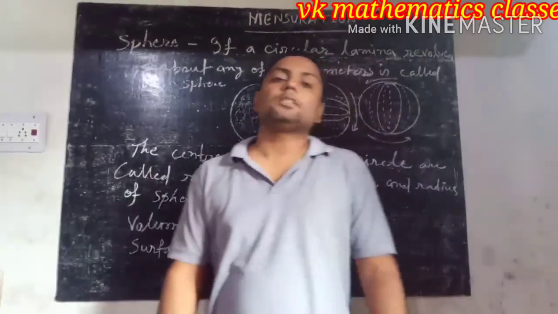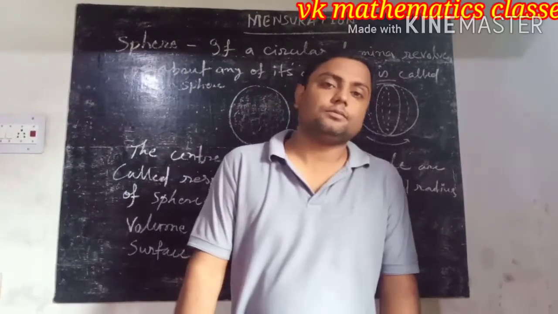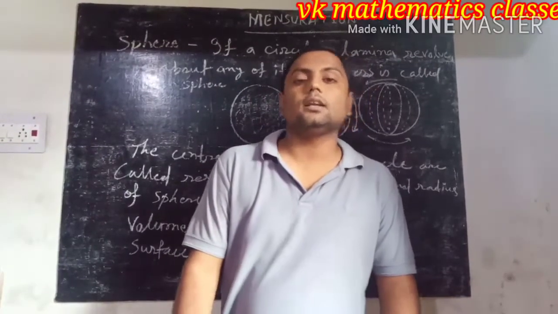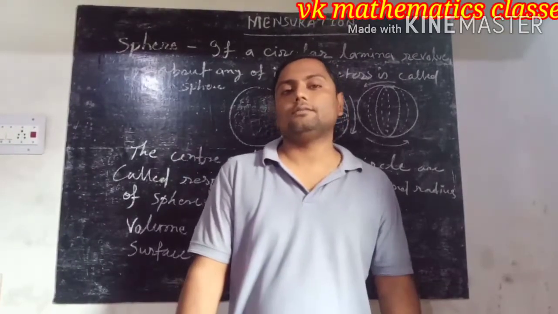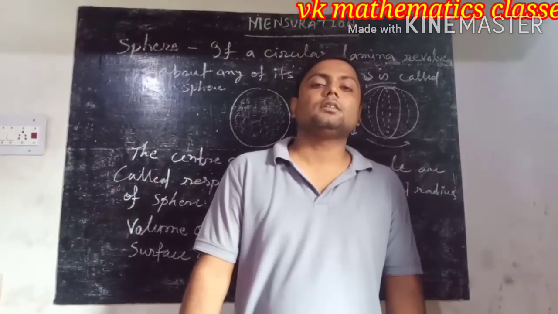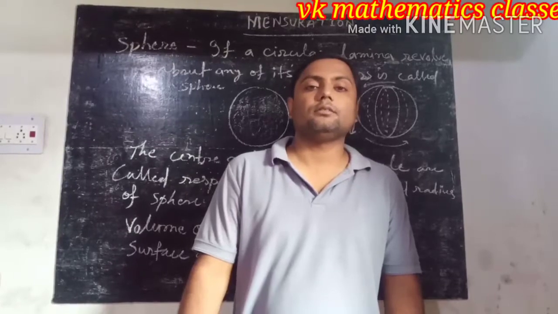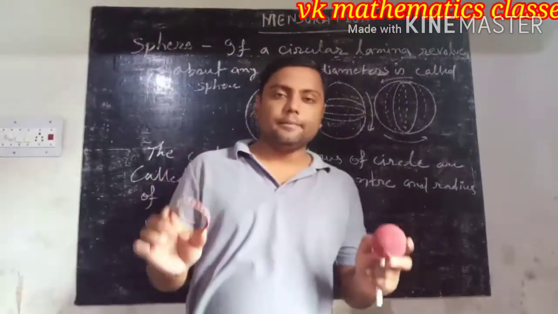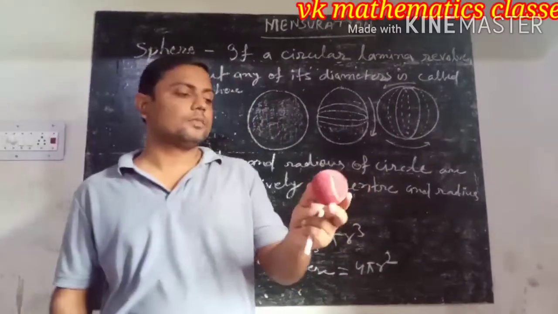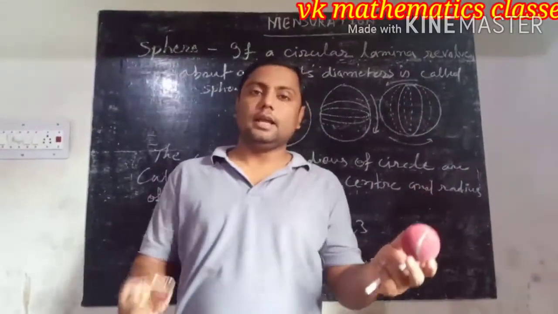Today I am discussing what the sphere is. When a circle rotates about any of its diameters, the result is known as the sphere. For example, I have two things: this is the ball and this is the bangle.